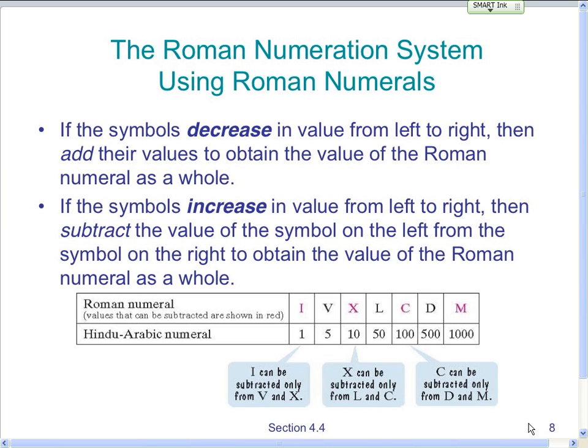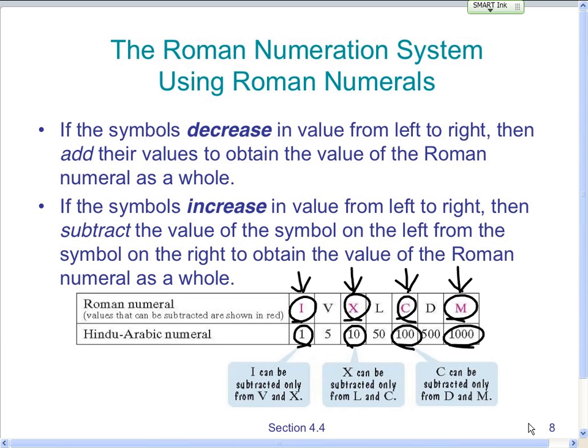The only numbers that can be subtracted are the ones. The only numbers that can be subtracted, the I, which is 1, the X, which is 10, the C, which is 100, and the M, which is 1000.